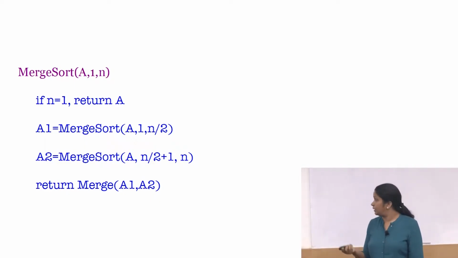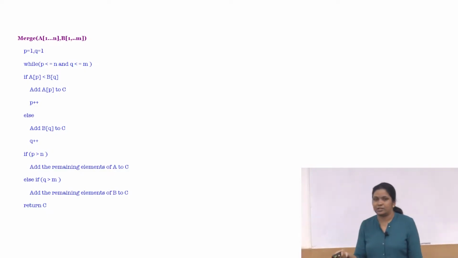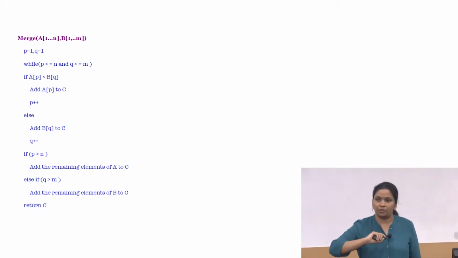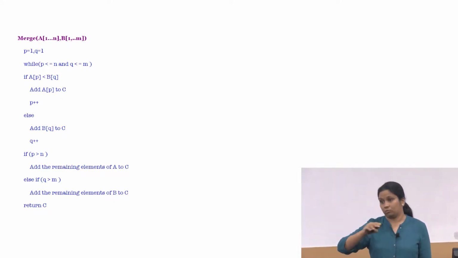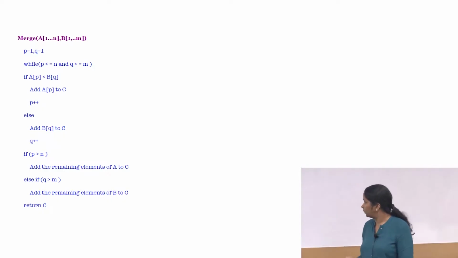And merge is correct because at every point you are comparing only two possible options for the next element in the merge array, and since you are taking the minimum of both of them, that should be correct. Again, you can prove it rigorously by using something like induction. So correctness done.